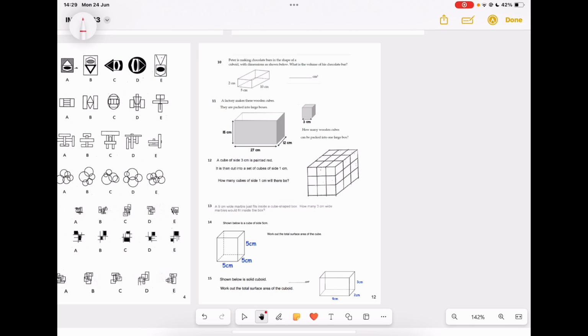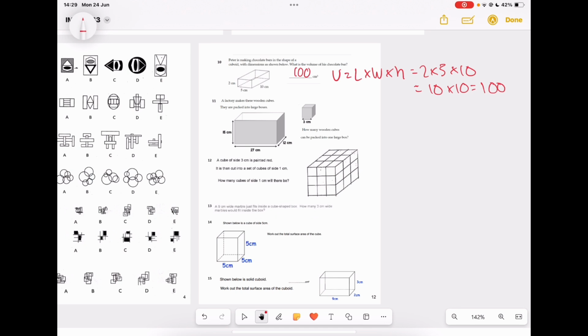What is the volume of his chocolate bar? So volume is length times width times height, which is 2 times 5 times 10, which is, well, 2 times 5 is 10, times 10, which is then 100. So the answer is 100 centimeters cubed.